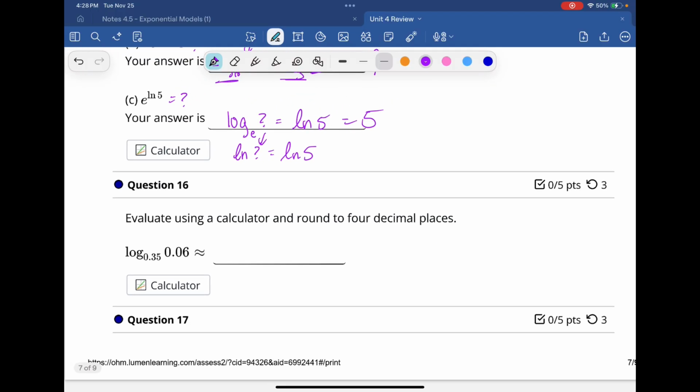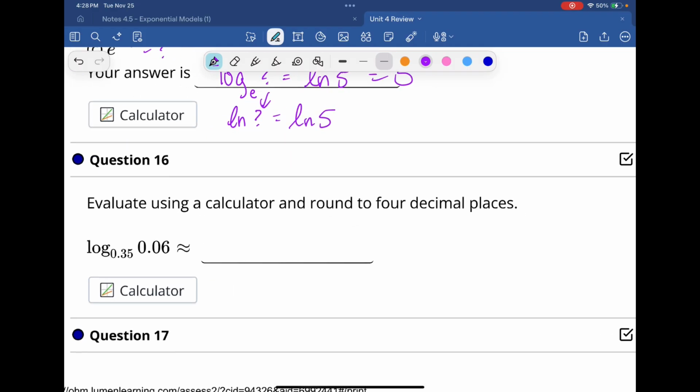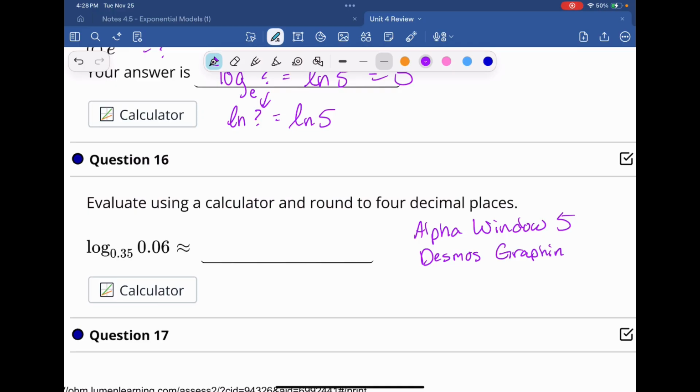You can do this in a couple different ways. If you have the TI-84, press alpha, window, 5. Also use Desmos graphing, not Desmos scientific, use Desmos graphing. And you can type this in.